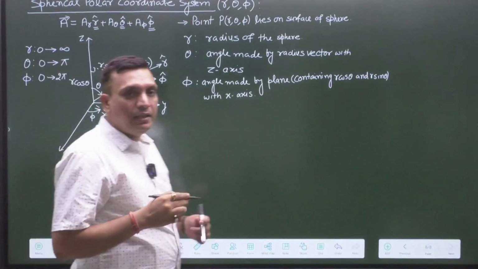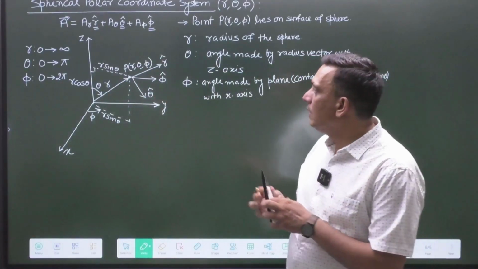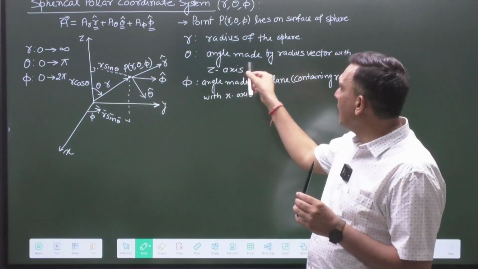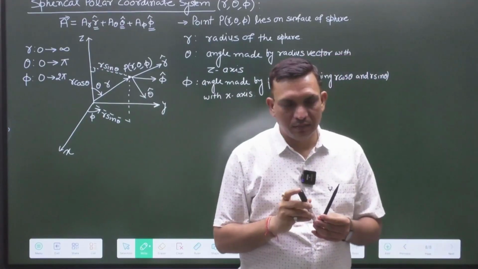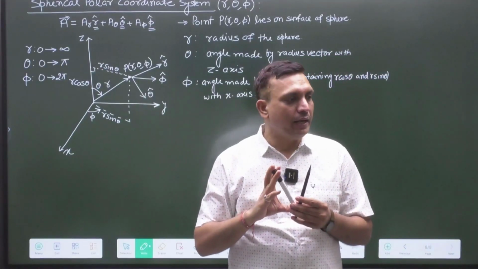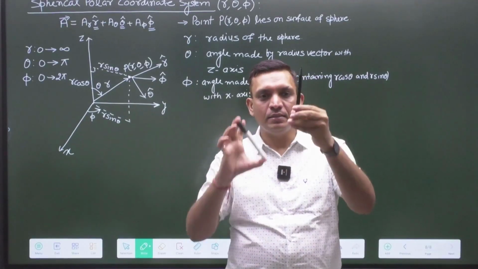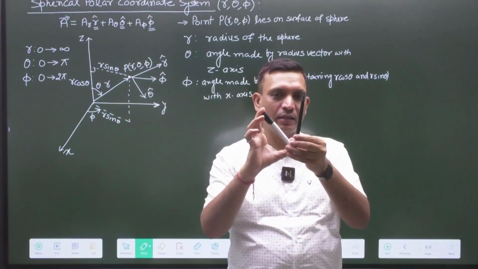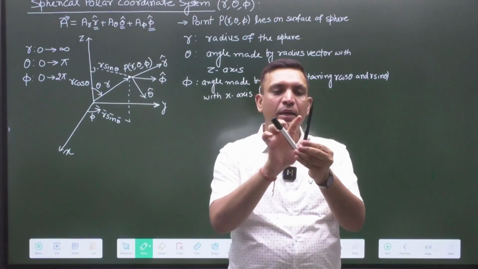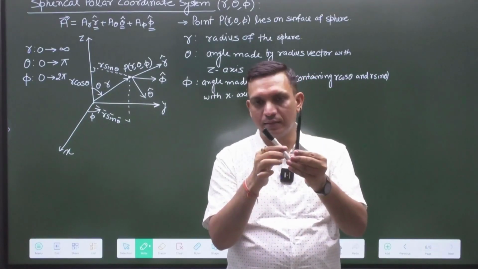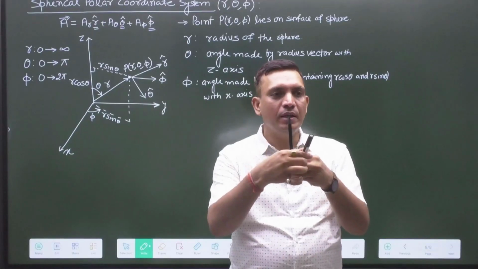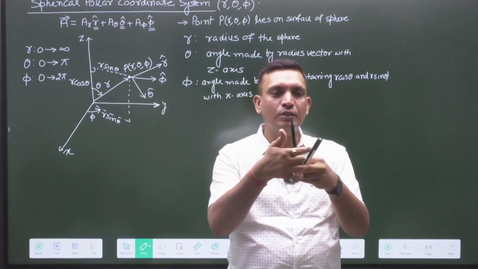So just see the symmetry. Now the definition of theta is what? Theta is the angle made by the radius vector. So that is the angle between two lines. If this is the z axis, and this is the radius vector, then this radius vector makes an angle theta with the z axis. The radius vector may be here, this angle is also theta.